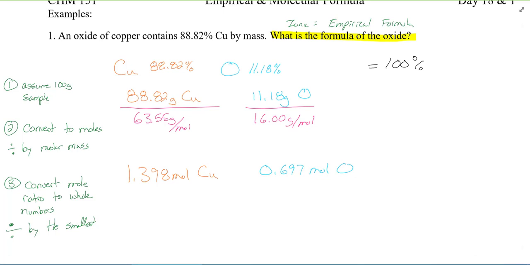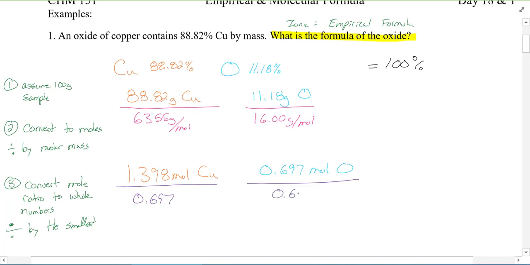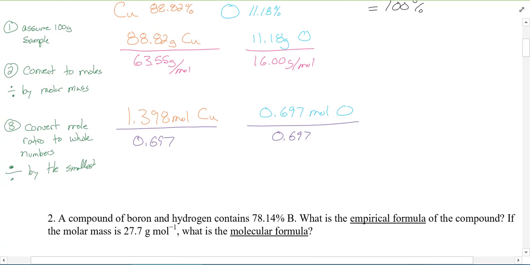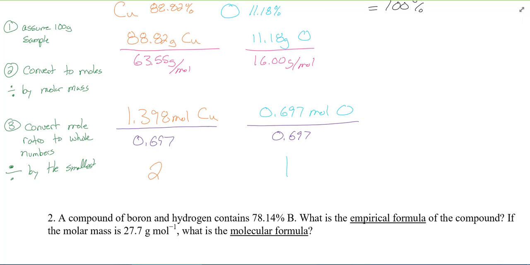So divide by the smallest, which of course is the number for oxygen, 0.697, 0.697. And if we do that, we get 2 for copper and 1 for oxygen. So my empirical formula would be Cu2O, and that is copper(I) oxide.